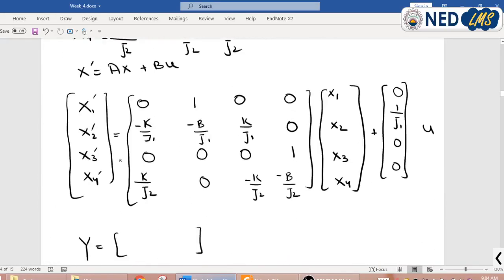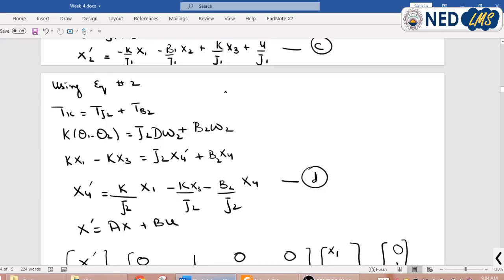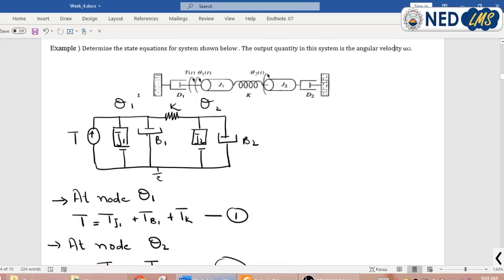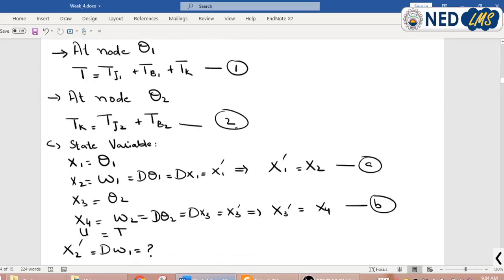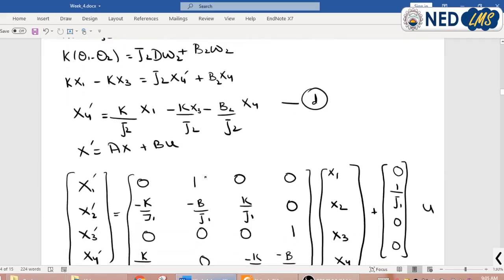So I will write no x1, no x2, no x3, only x4. So this is basically the final state space representation in which we represented this whole system, and I think this is no more difficult.